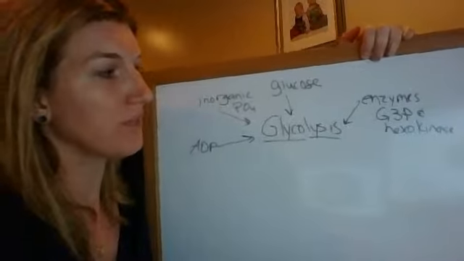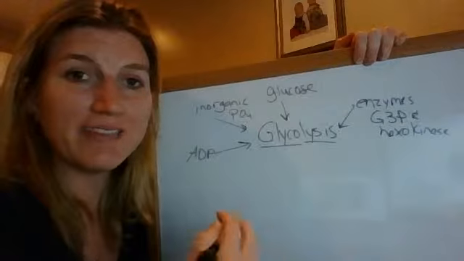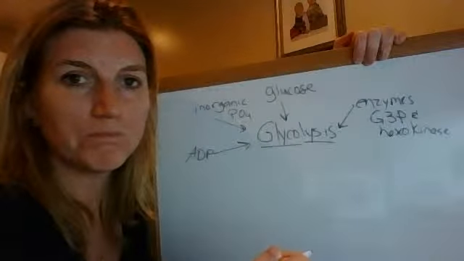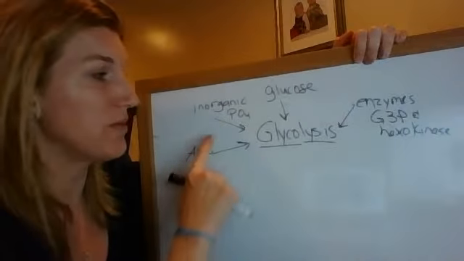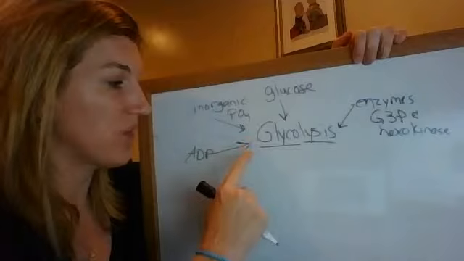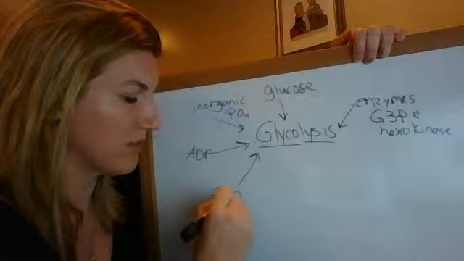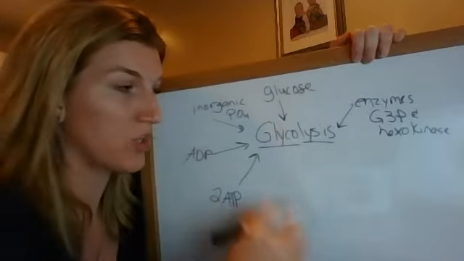Oh, actually, in order for glycolysis to occur, it's an energy-using reaction. So ATP actually has to go into it also. So not only do you have ADP and inorganic phosphate, you also have ATP, 2 ATP to be exact. 2 ATP going in. So it's using energy.